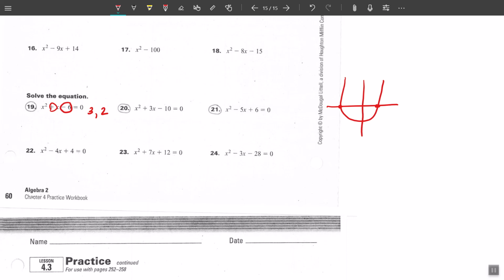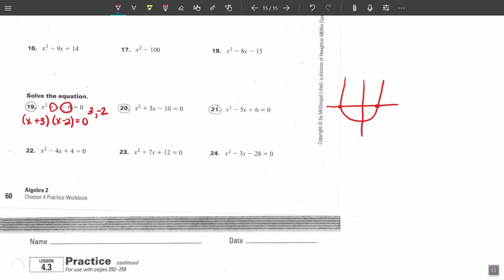If we use 3 and 2, we need it to be negative 6. So one of these has to be negative, but we want the coefficient on that x term to be positive 1. So that means that we need the 2 to be negative, so that when we add 3 and negative 2, we get a positive 1. All right, so I'm going to write those binomials out. And those binomials equal 0.